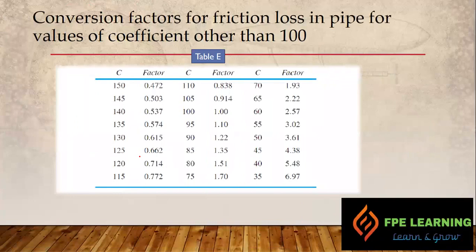If we have a different C factor, say 150, we have to multiply by 0.472, right? This is how we use that table. And we have some exercises, don't worry, we'll discuss that in a while.